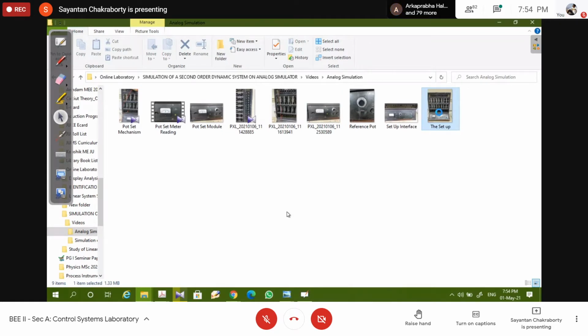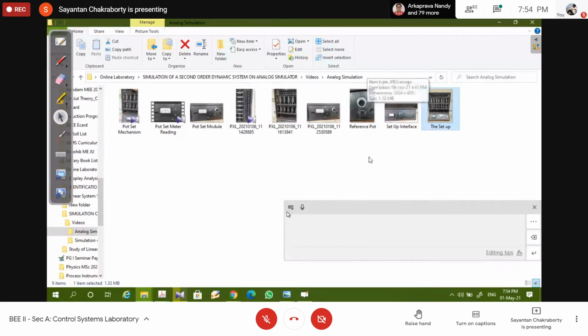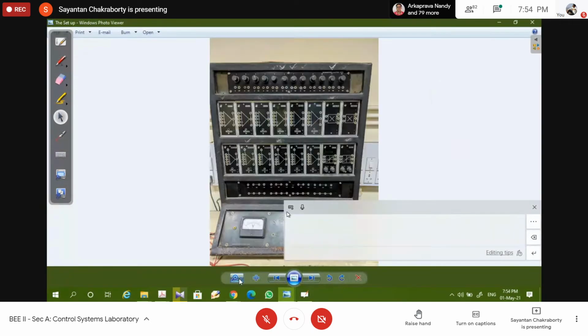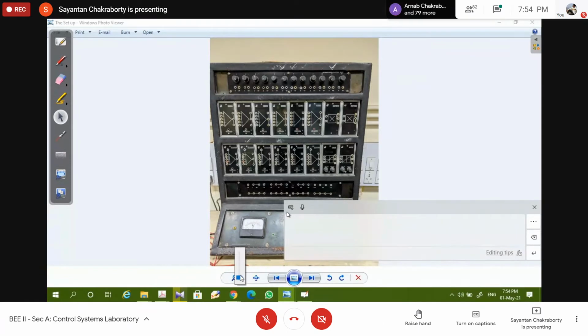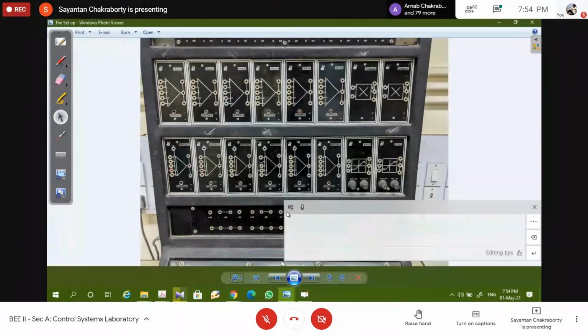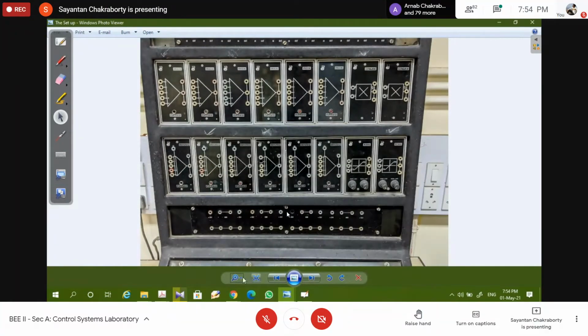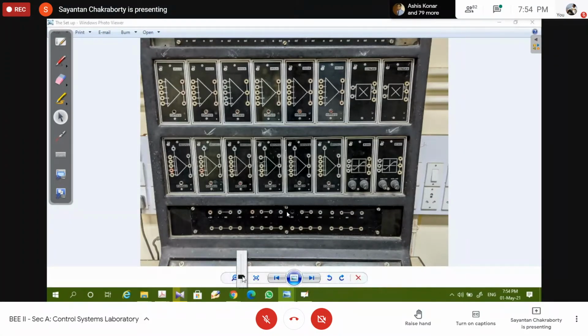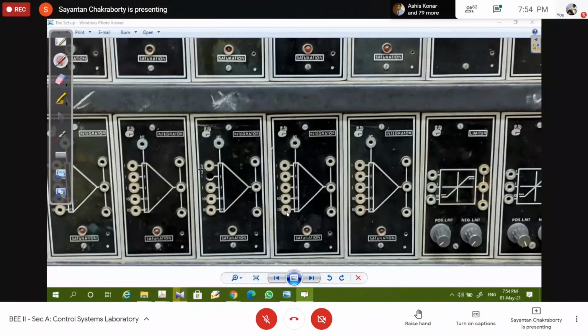Coming back to the setup, I'll show you the integrator. I'll zoom in a bit. This is the integrator block. It already has 3 components with gain 1, and 2 of the input components have gain 10.